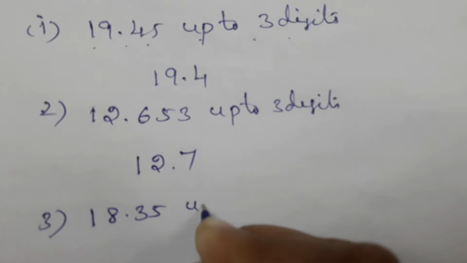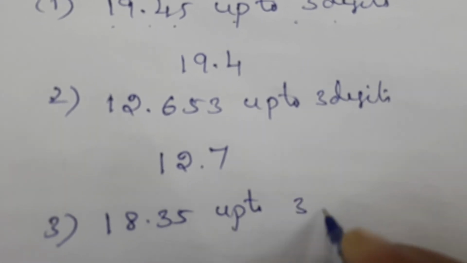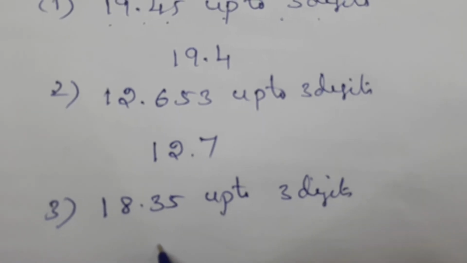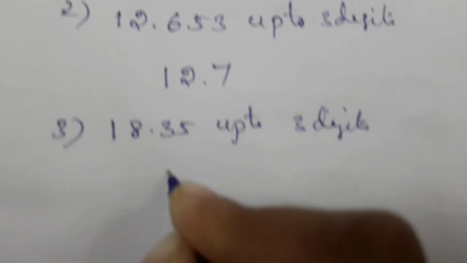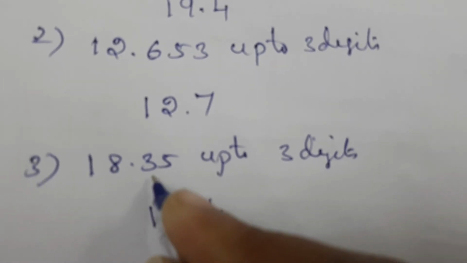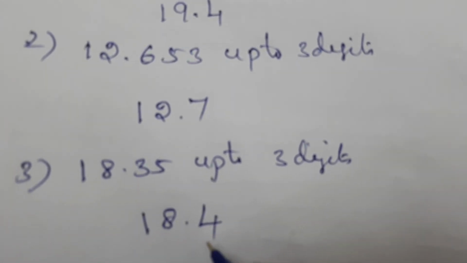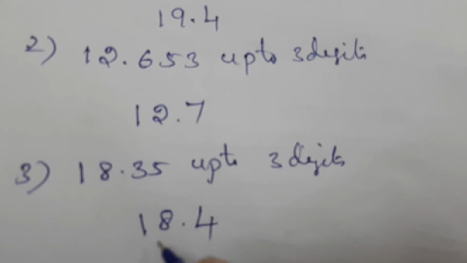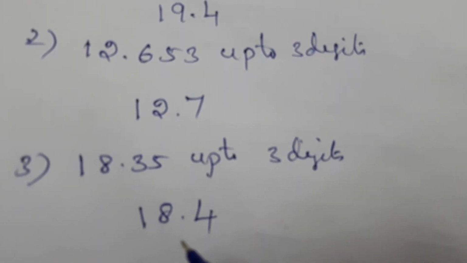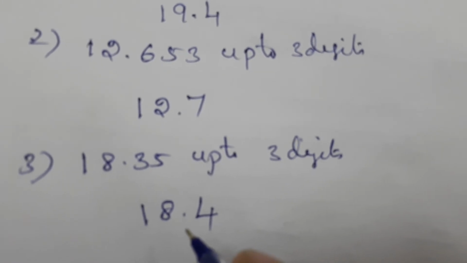Next, 18.35 up to 3 digits. How can we round off? 18.35 means it is 18.4, so the preceding digit is odd. So we have to increase the number by 1. So 18.4. Okay, I hope you understood the rules for rounding off the numbers.